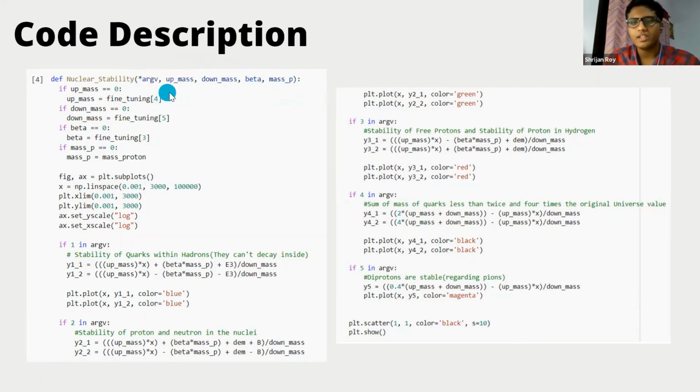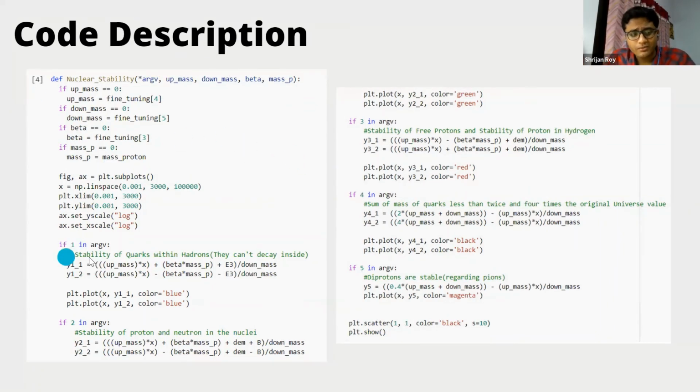The *argv actually represents the indices we need to be plotted. You may not want every index plotted. You may not believe that a certain constraint is viable for existence, so you may remove it from the analysis you use later. So this is the code.